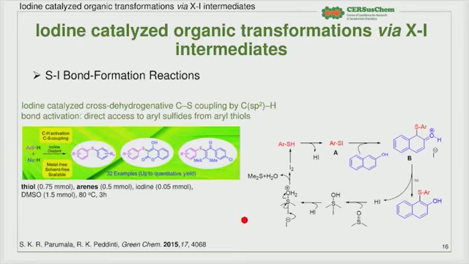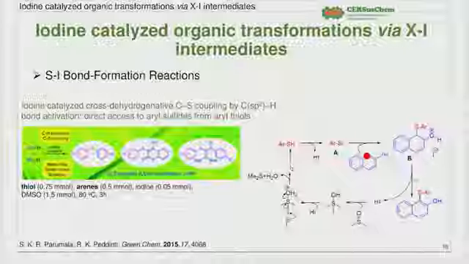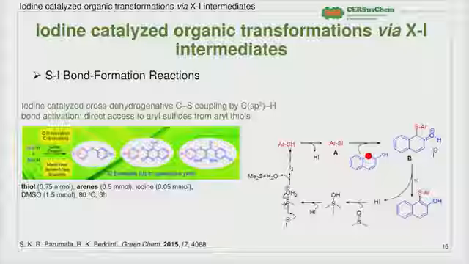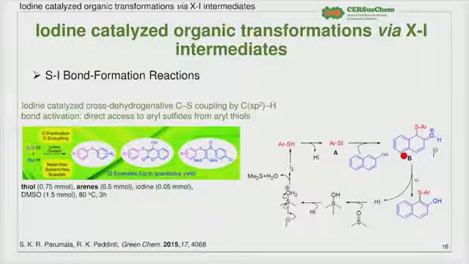The mechanism they proposed for this transformation initially begins with the thiol oxidized to the disulfide in the presence of iodine, which reacts with iodine again, forming the electrophilic species of sulfur, which is A. Now, species A is attacked by the activated arene at the carbon 1 position, leading to intermediate species B. This species B, with the loss of HI, forms the desired product.